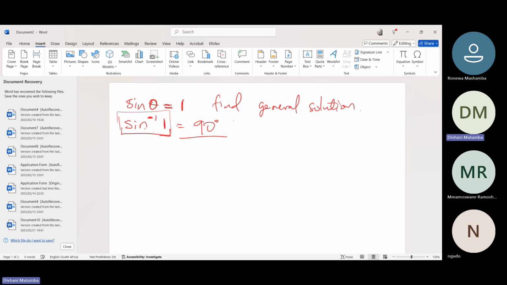Okay, so that is a particular solution, and that solution is a solution which is between 0 and 360.